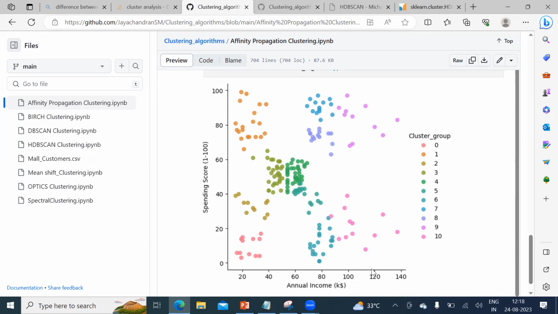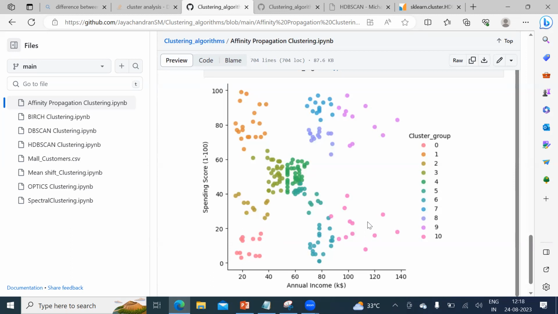And if you look at this particular purple example, the customers are able to earn between 85 to 140k dollars, and their buying behavior is something like they are able to spend 10 to 40 percent of their total savings.